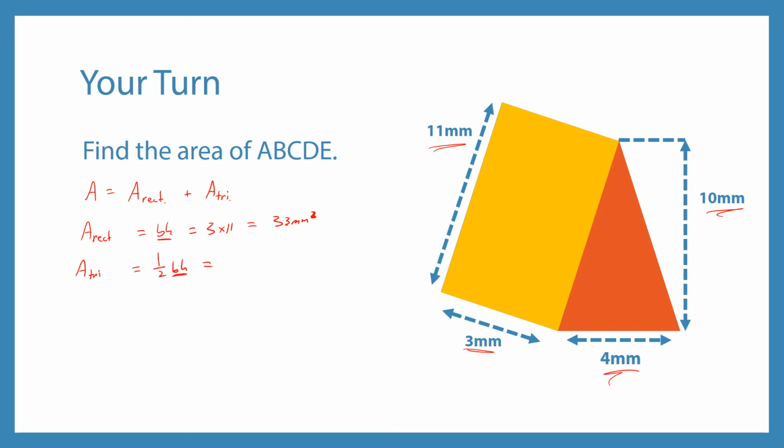So we get half of 4 times 10, which is going to give us 20 square millimeters. Then the total area is these two added together, so 33 plus 20. So we're going to end up with 53 square millimeters.